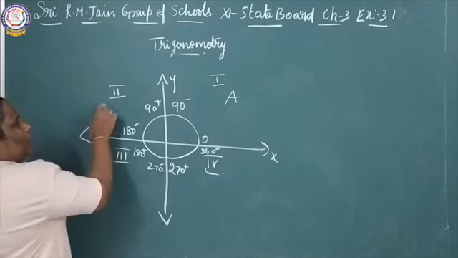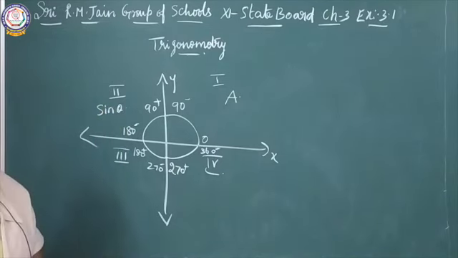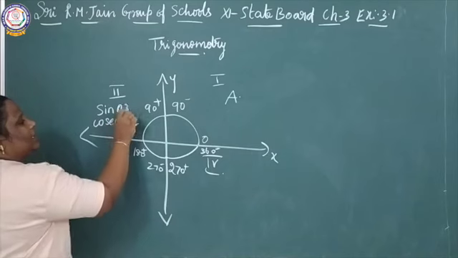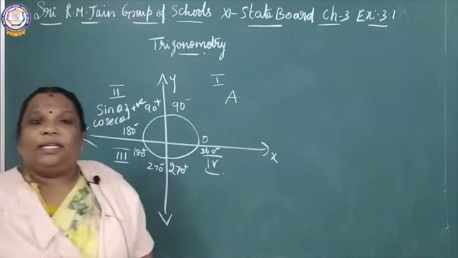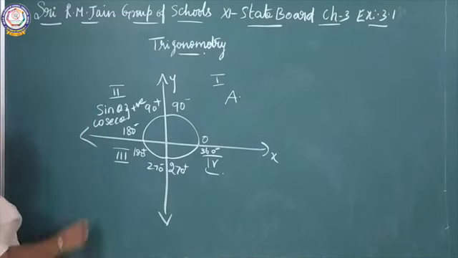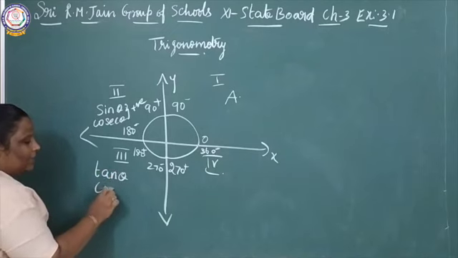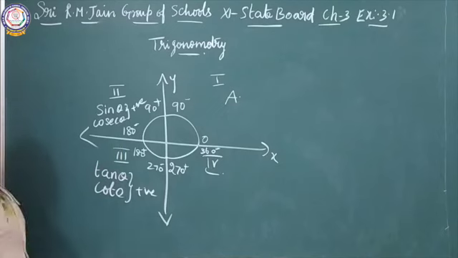In the second quadrant, sin theta, and what is the reciprocal of it? Cosecant theta. Sin theta and cosecant theta are positive.